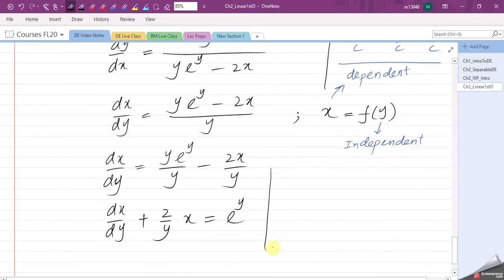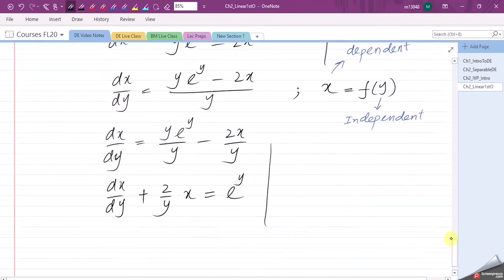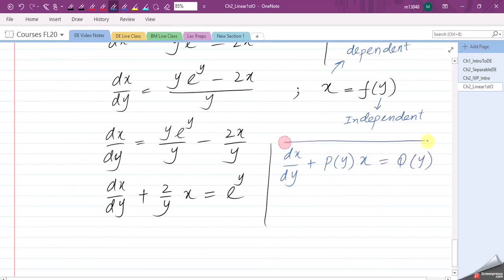If we had written our general form, I'll just write it here, how would that look? dx/dy plus p(y) x equals q(y). Just swap all the x with y. Does this fit the bill?